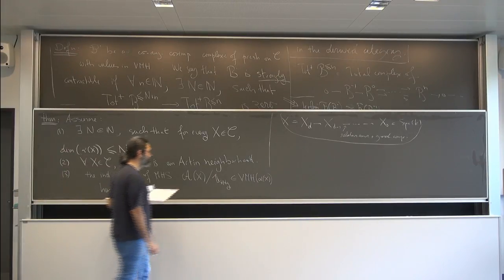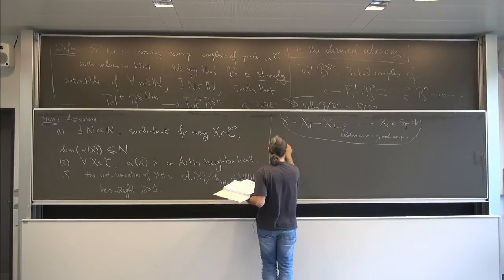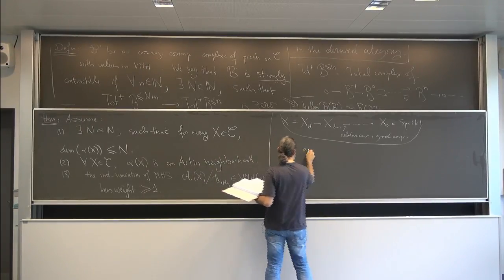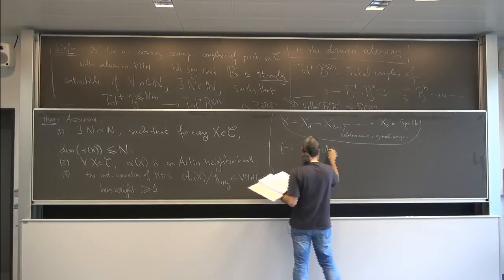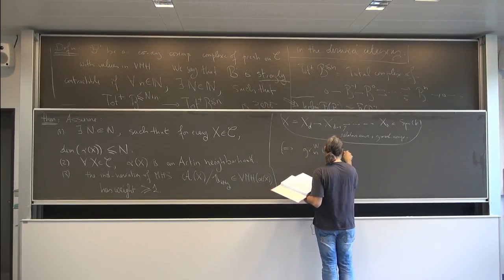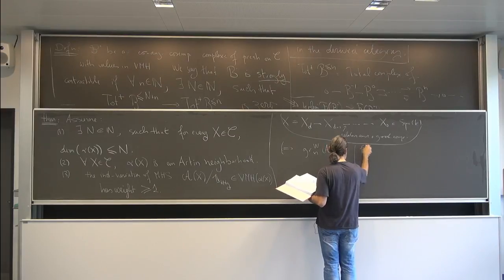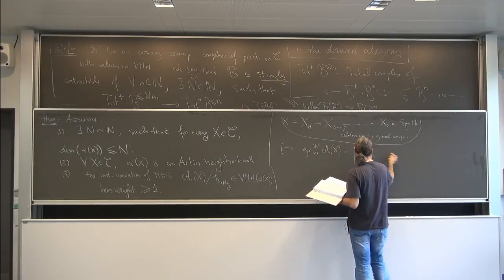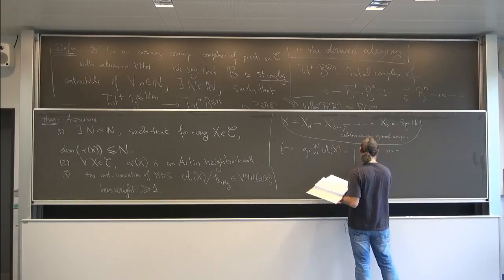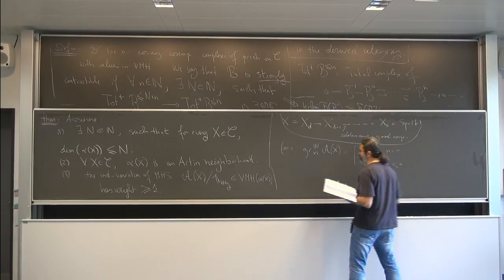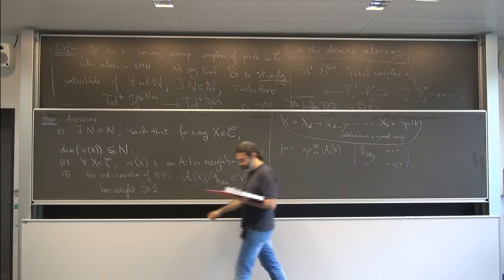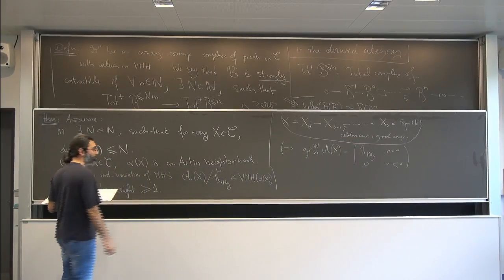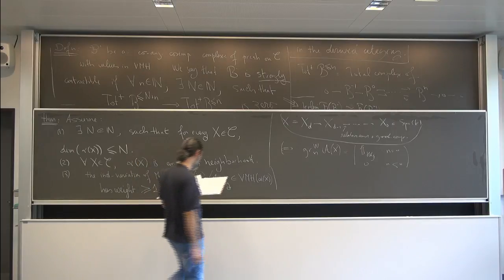Said differently, the Gr_n for the weight filtration of A_x is 1 Hodge for n equals 0 and 0 for n negative. And of course, it can be anything for n positive.